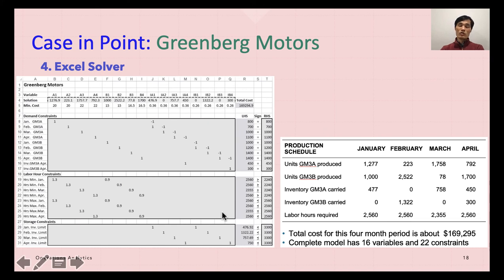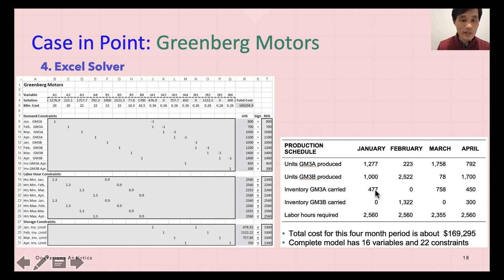You just execute that, then you have this result right here, production schedule, January, February, March, and April, and you will be able to find A1 is 1,277, and A2 is 223, A3 is 1,758, and A4 is 792, and B1 1000, B2 2522, B3 78, B4 1700, and IA1 is 477.